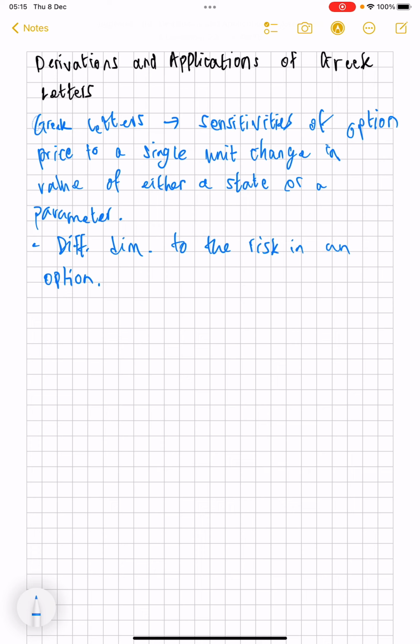We say that financial institutions selling their options to their clients manage their risk by Greek letters analysis.